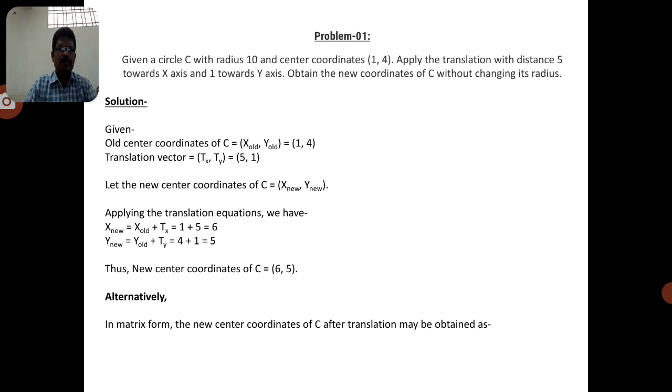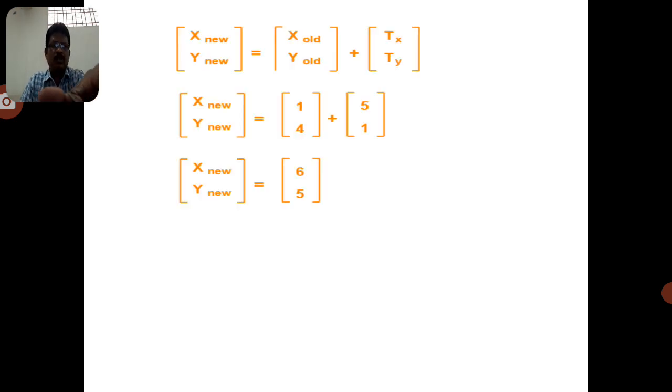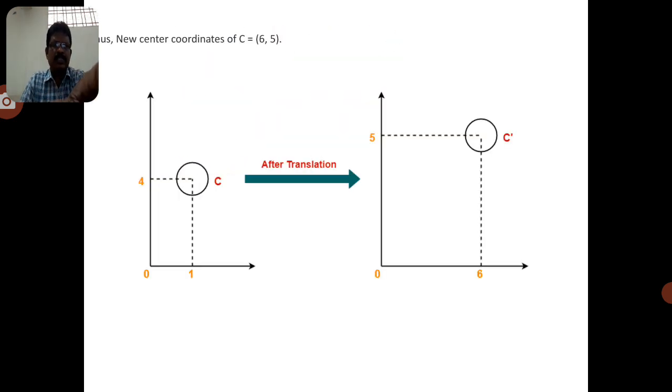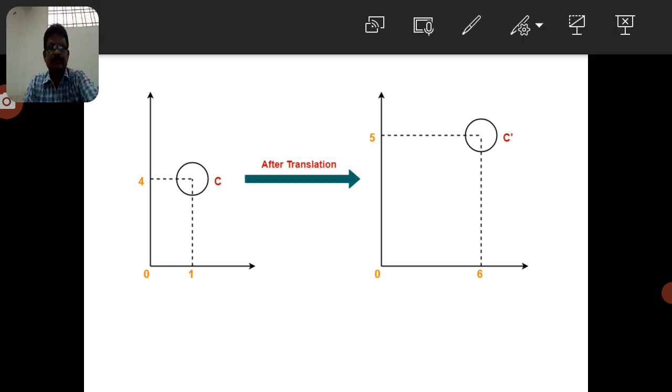Suppose we take a small example problem to discuss here. This is a given computer graphics coordinate system. This is the initial diagram of the given coordinates, and this is after translation.